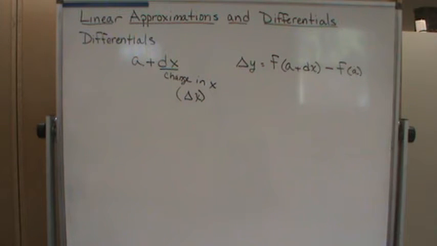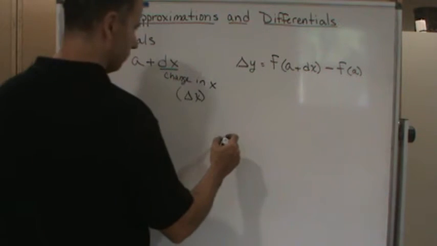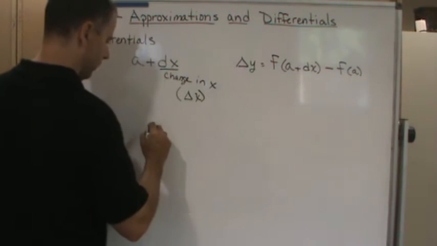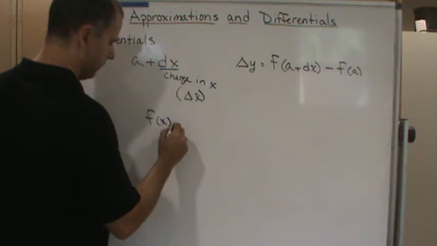Now, instead of calculating the exact change in y, it's often easier to approximate the change in y by using linear approximations, for x that's near a. So when we use the linear approximation, we can approximate f of x by using L of x.